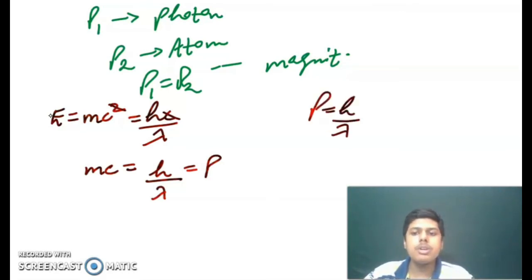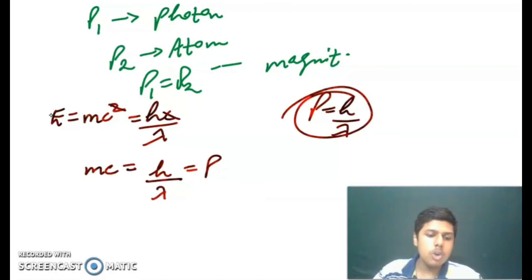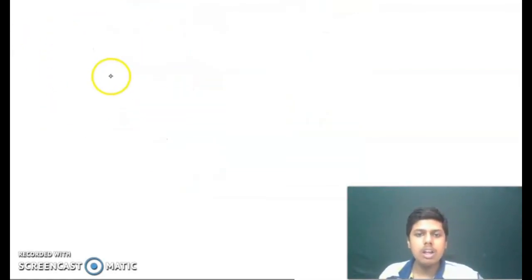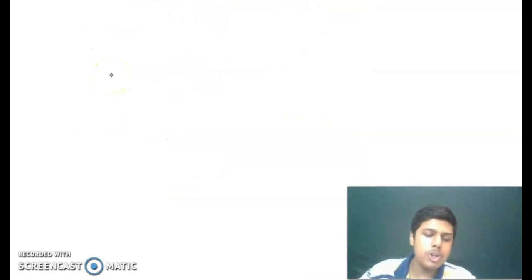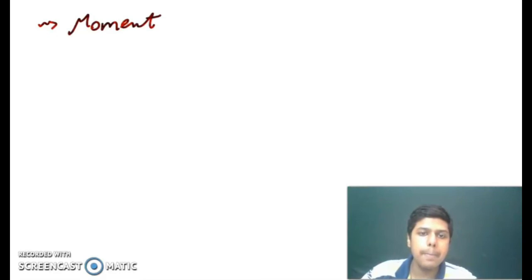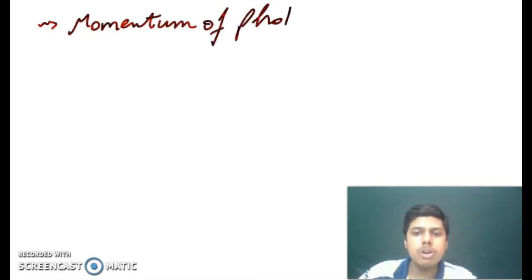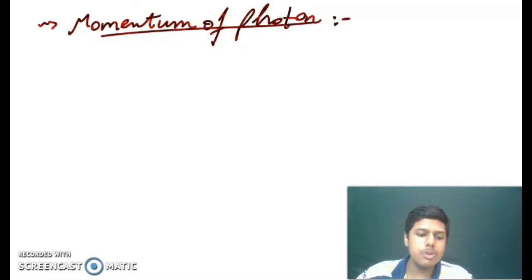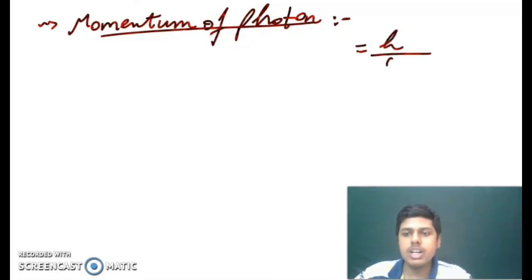Lambda is equal to h upon p, right? Now seeing the momentum of a photon, it is h over lambda dash.